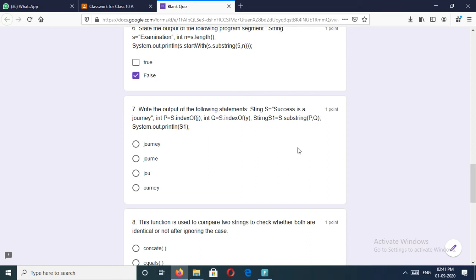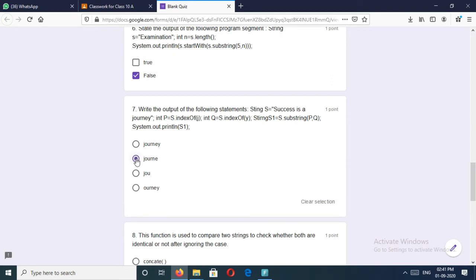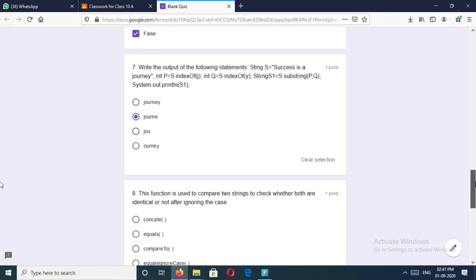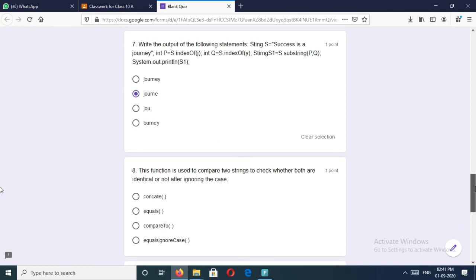You will get characters 12 to 17, that means J O U R N E, up to E. That means the last index 18 will be excluded. Understood all of you? The last index number will not be taken, only up to just before it. Then you will get "journe".